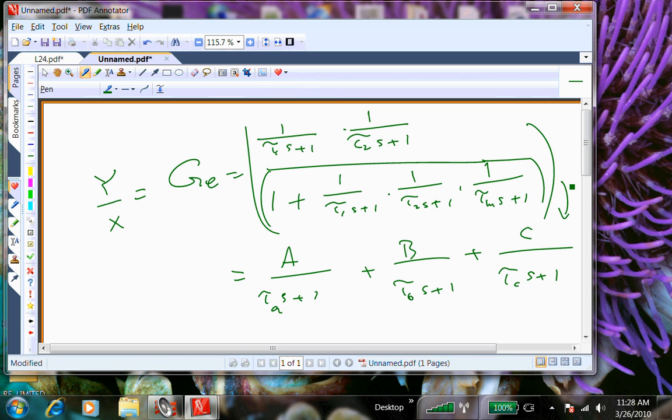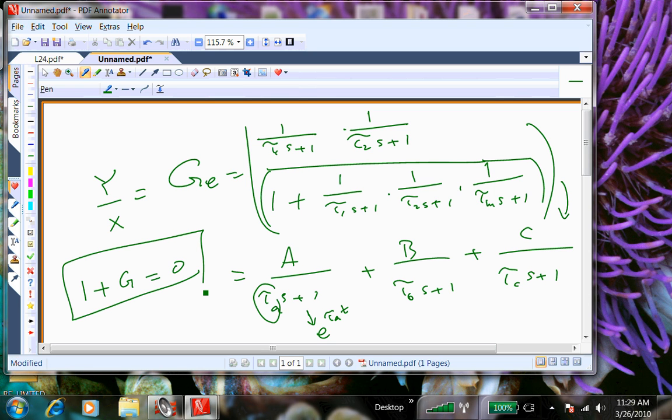Okay? So it is the time constants of these that will determine whether the system is going to be stable or not, because each one will give you something like e to the power of t over tau when you go to the time domain. Okay, so the characteristic roots of the denominator, which is written as 1 plus g equal to 0.